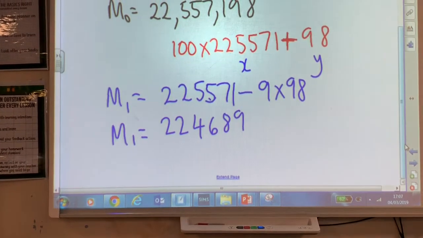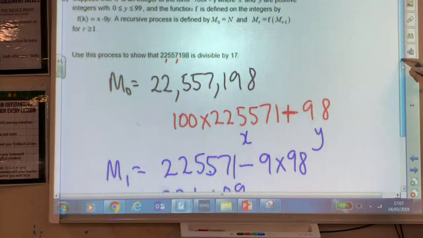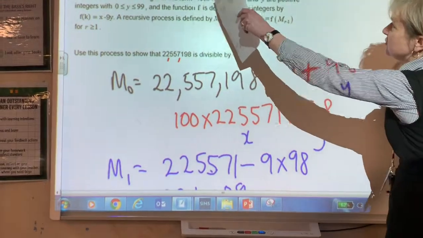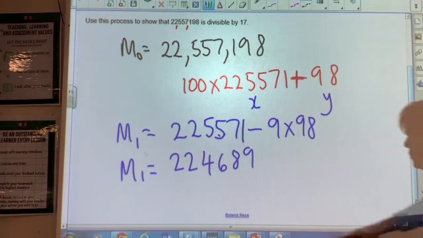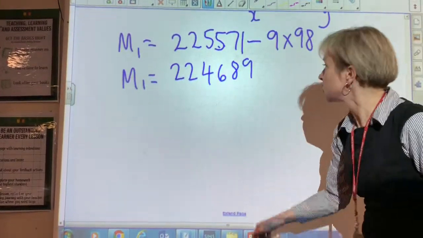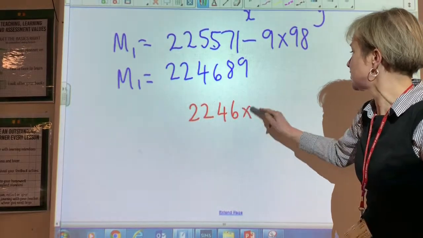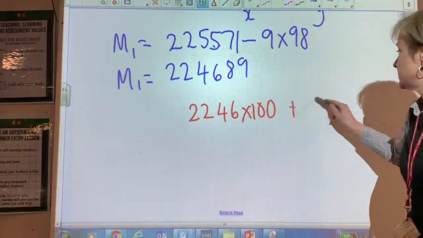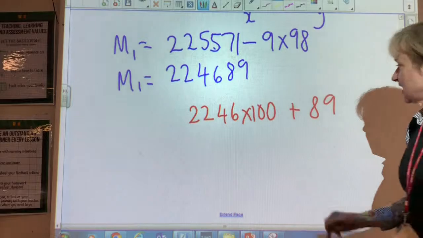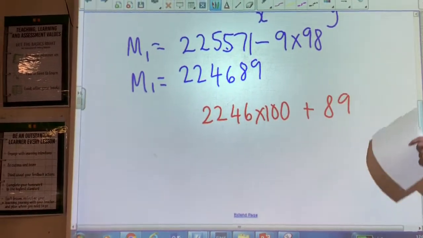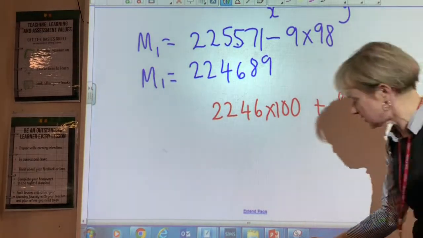You're now going to break it up again as 100x plus y. So to break that up as 100x plus y, you're going to have 2246 times 100 plus 89. Again, it's in the form of a number times 100 plus a number that lies between 0 and 99.